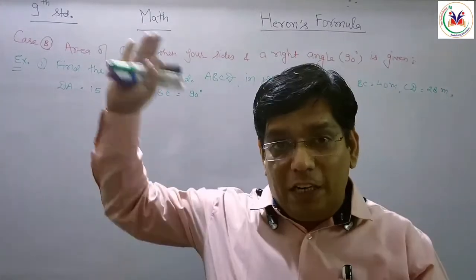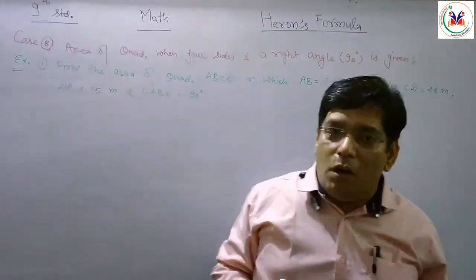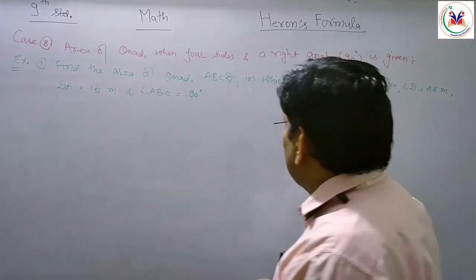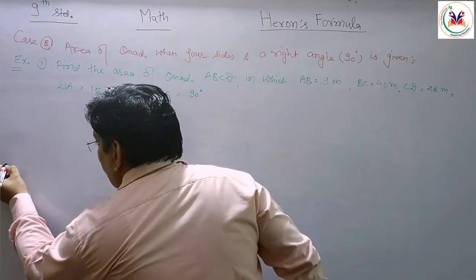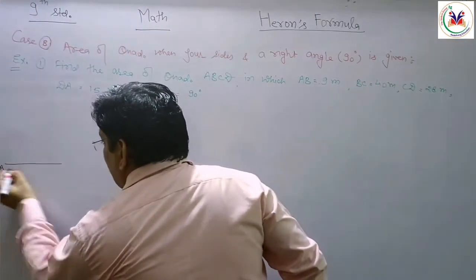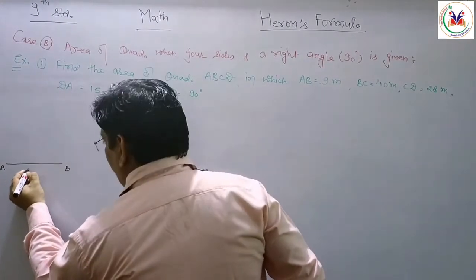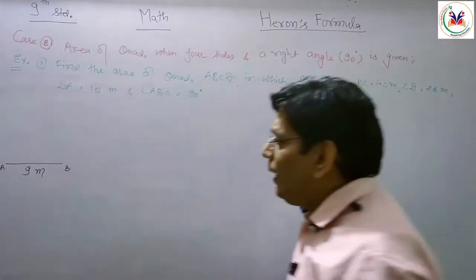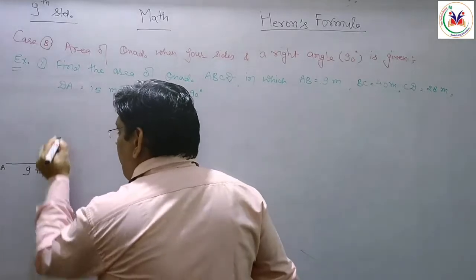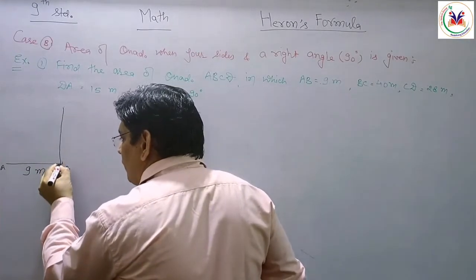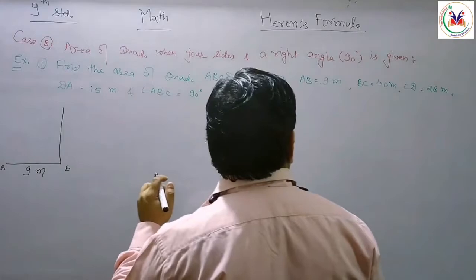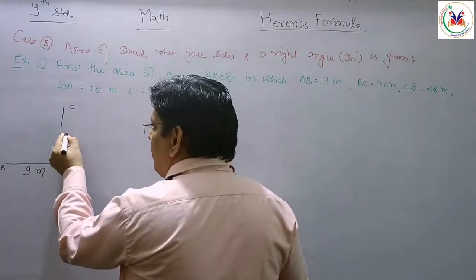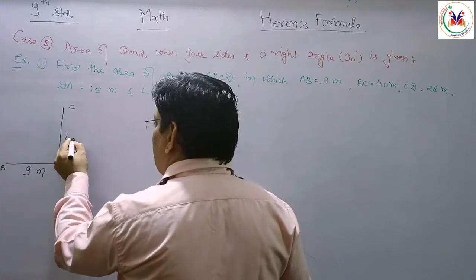Now first of all, as I told you previously, we have to draw a rough diagram. सबसे पहले हमें rough diagram draw करना है, and AB is 9 meter. Now angle B पे 90 डिग्री का एंगल है, so we know it very well कि angle B straight होगा, and that is BC, that is a right angle, BC 40 meter.